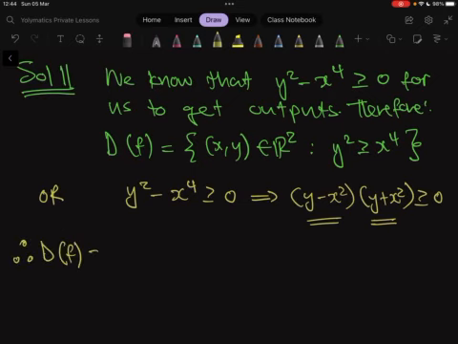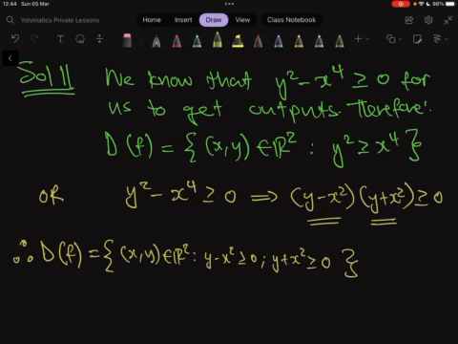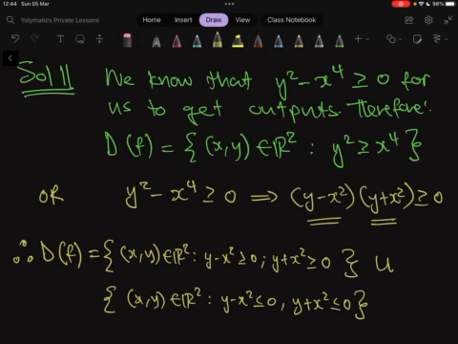So therefore, the domain of f can also be written as all points (x, y), elements of R squared, such that y minus x squared is greater or equal to 0, and also y plus x squared is greater or equal to 0, union all points (x, y), elements of R squared, such that y minus x squared is less than or equal to 0, and y plus x squared is less than or equal to 0, like that.